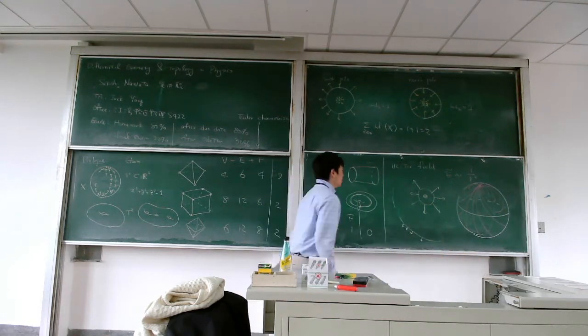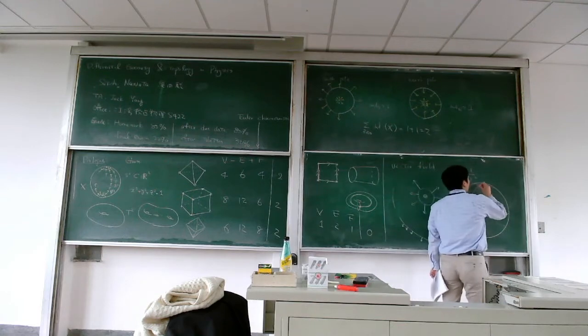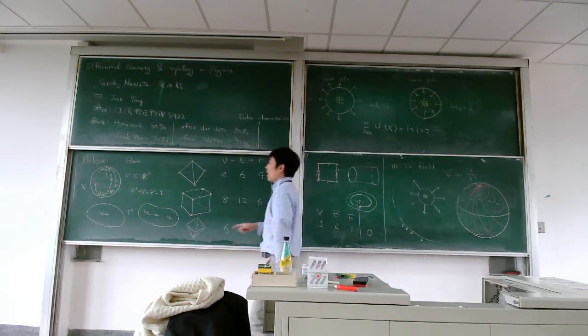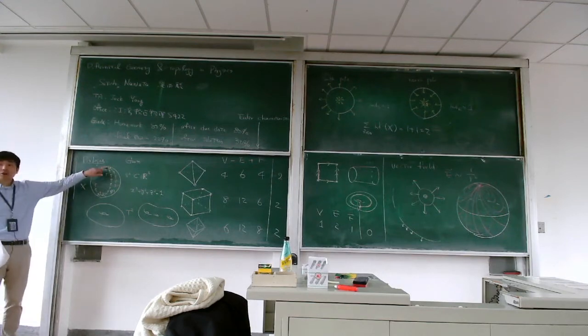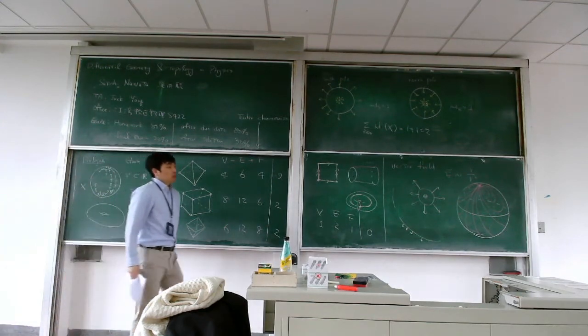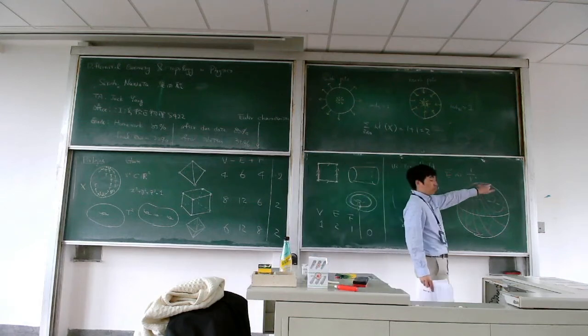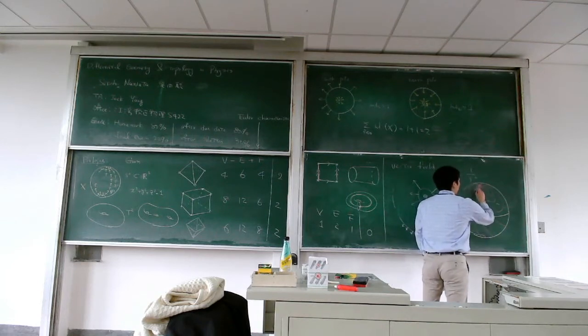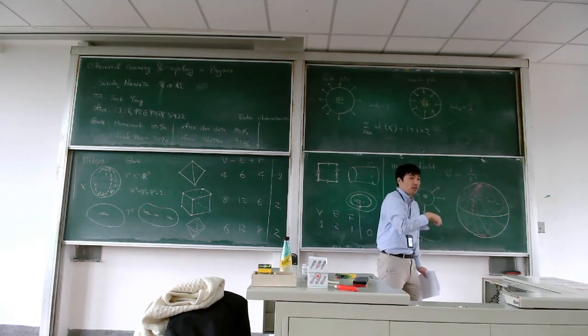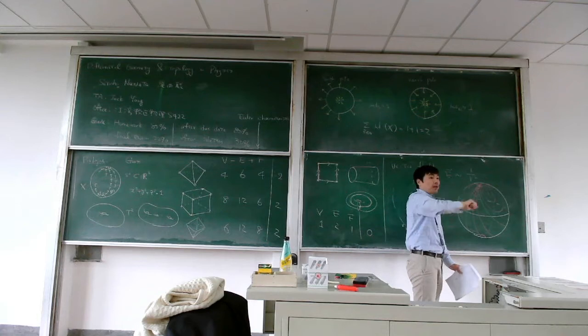So the zero of the vector field is only the North Pole now. In the previous example, the zeros of the vector field were the North and South Poles. Now the zero is only at the North Pole. At the South Pole there is a non-zero vector field, like this way. The vector field is drawn along this line. This line is called the flow of the vector field.